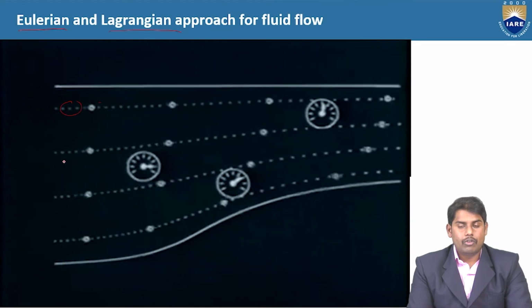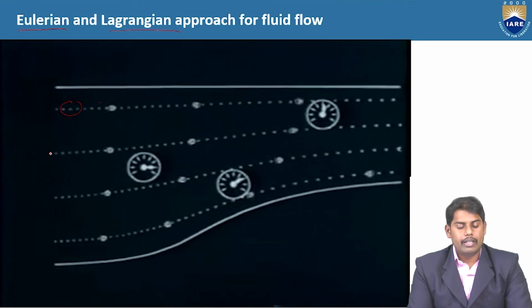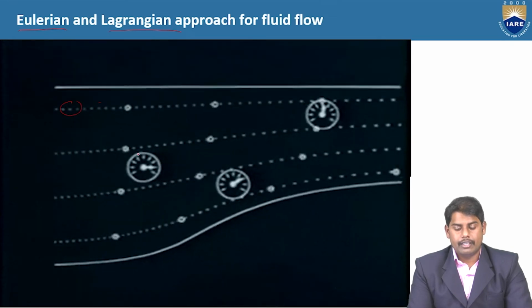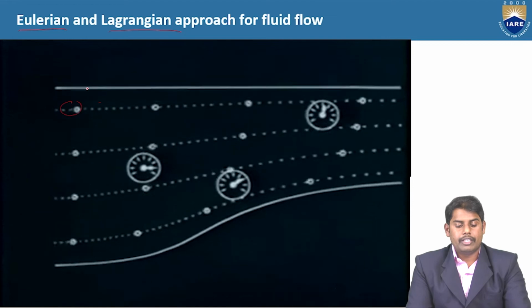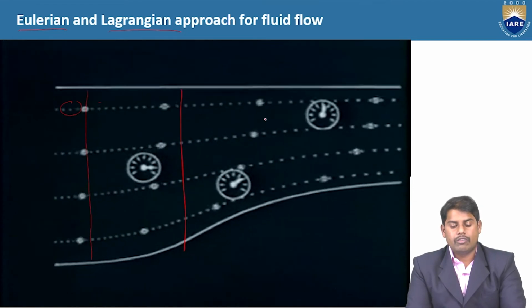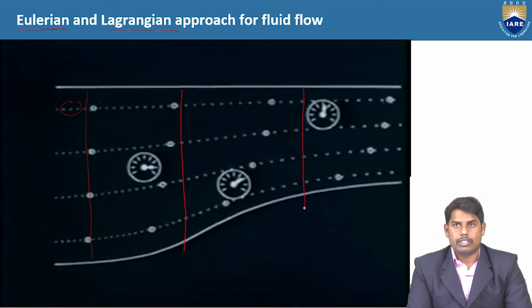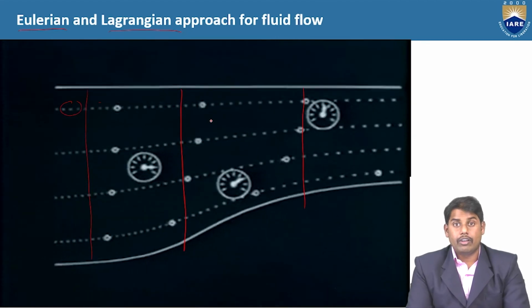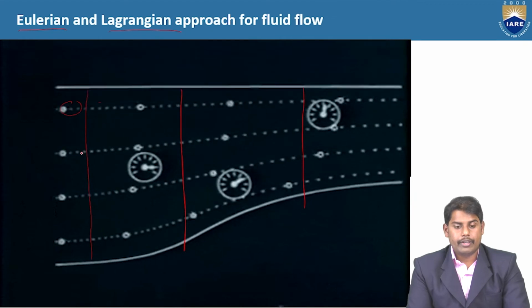These fluid particles will have certain velocity at different points, at different cross sections. So at different cross sections you have different velocities of the fluid particles.